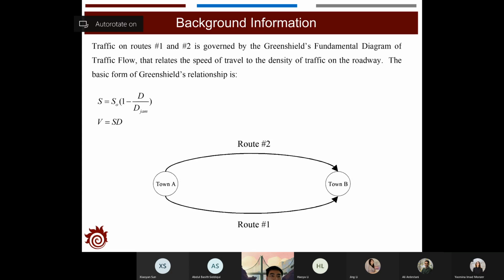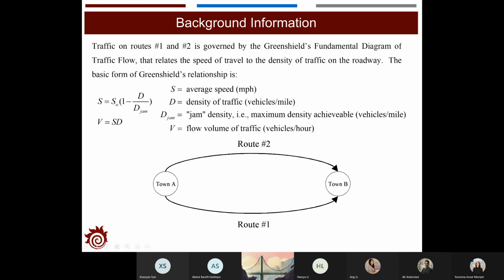In it, S, the speed, is written as a linear function of the density. Here S is the average speed on the road, D is the density of the traffic, and dj is the jam density, which is the maximum density on the road. Finally, we can use the product of speed and density to calculate the flow.